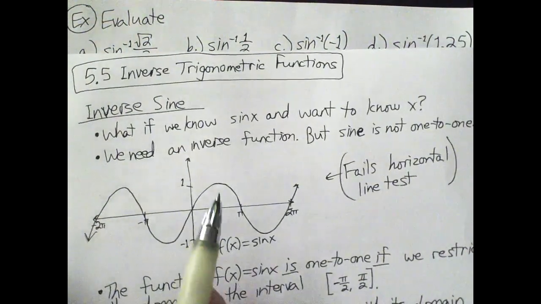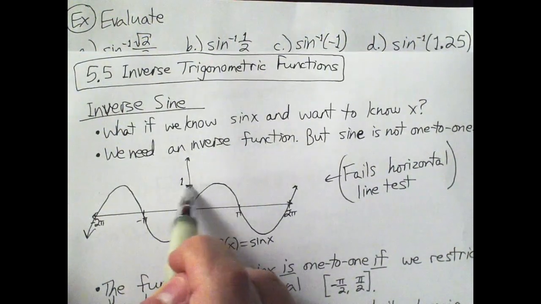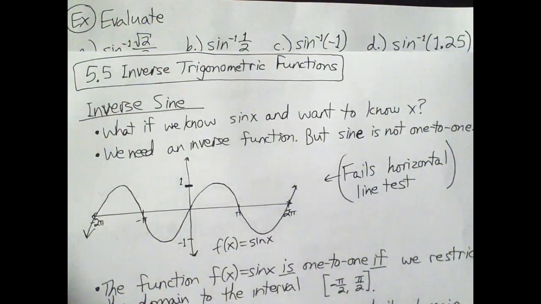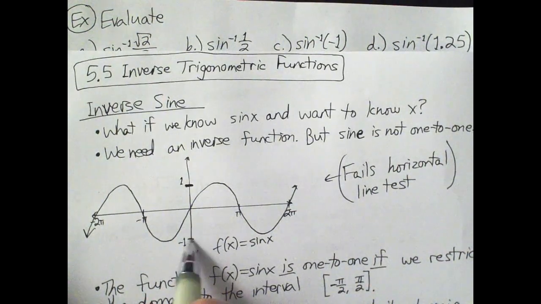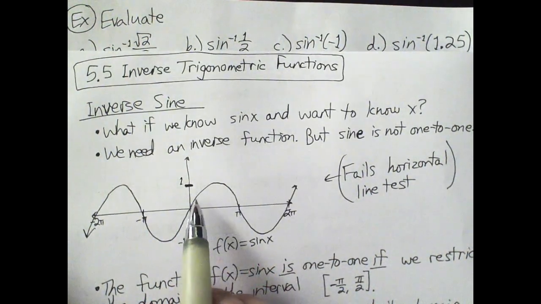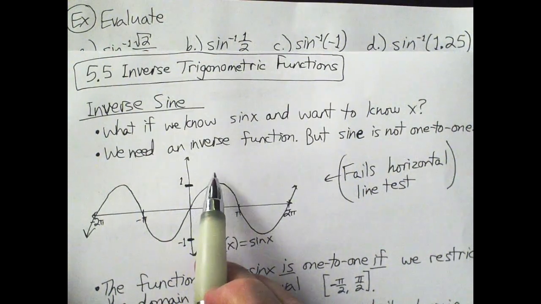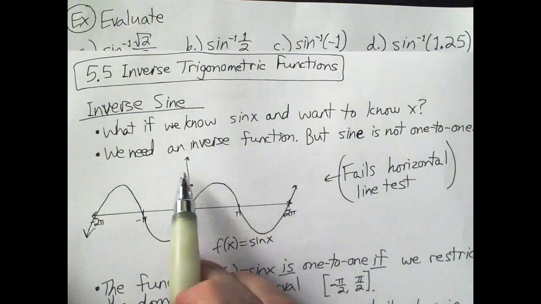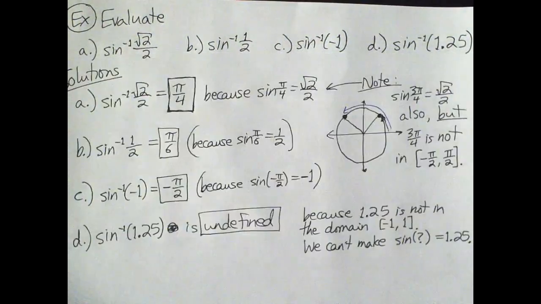The highest that this graph ever goes is a height of 1, and the lowest it ever goes is -1. So if you ask me sine of something equals 1.25, we're not even on the graph anymore. That can't happen. So if you ever see something bigger than 1 or smaller than -1, undefined.